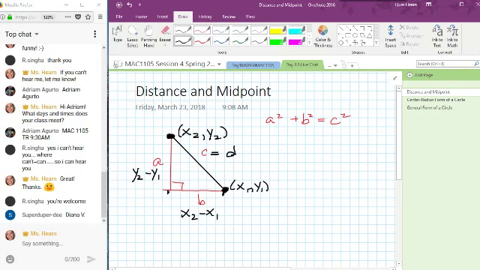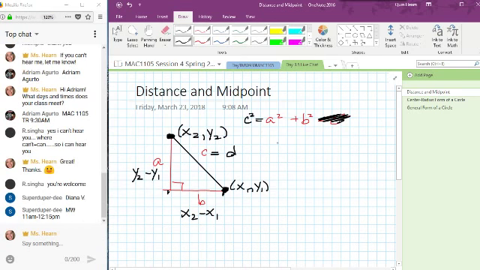So I'm going to move this C squared over here, by the way. Instead of C squared equals A squared plus B squared, we can think of this as D squared equals, instead of A, we have y2 minus y1 being squared, plus, instead of B, we have x2 minus x1 being squared.